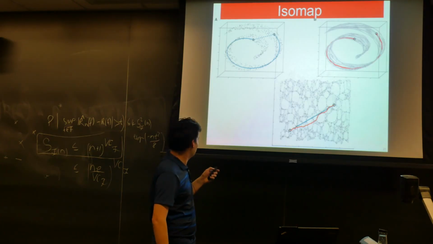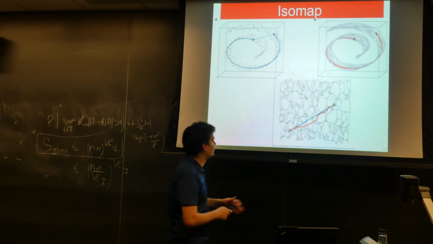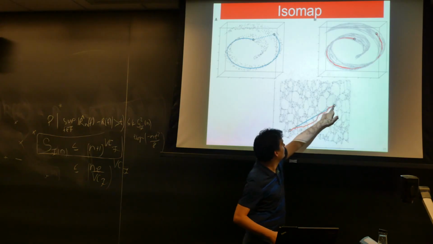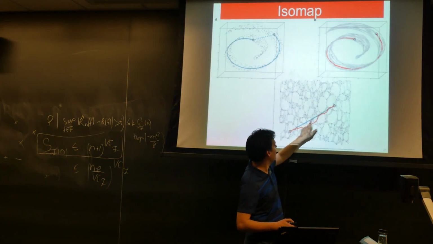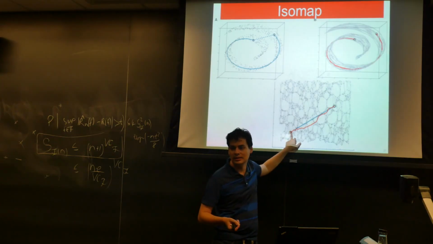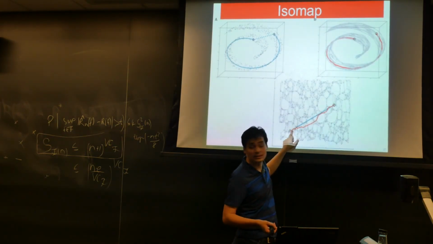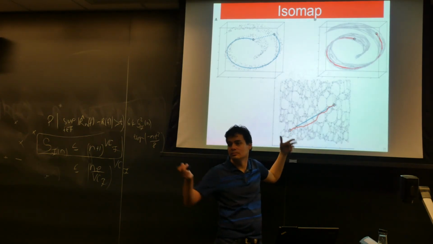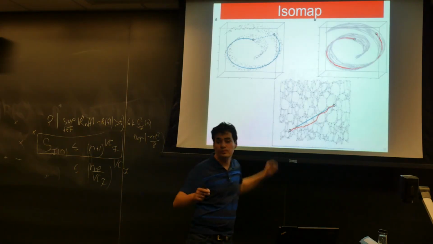And then you try to get from this point to this point using the edges of this nearest neighbor graph. Here is one point, here is the second point, and using these edges of the nearest neighbor graph, you want to find the shortest distance. This is how you approximate the geodesic distance, just using k nearest neighbor graphs or epsilon nearest neighbor graphs. And you do that between any two points in your data set.